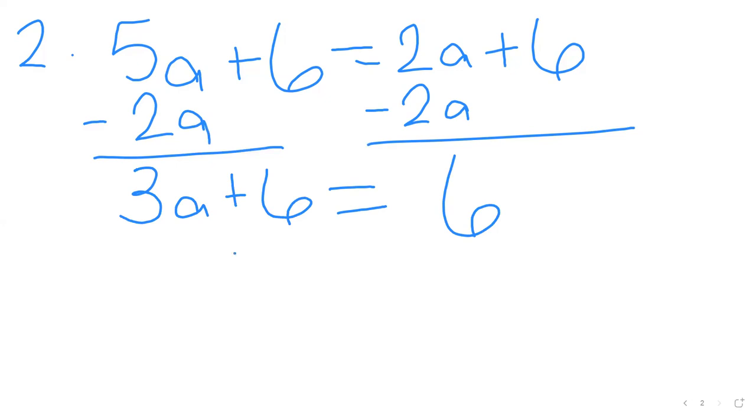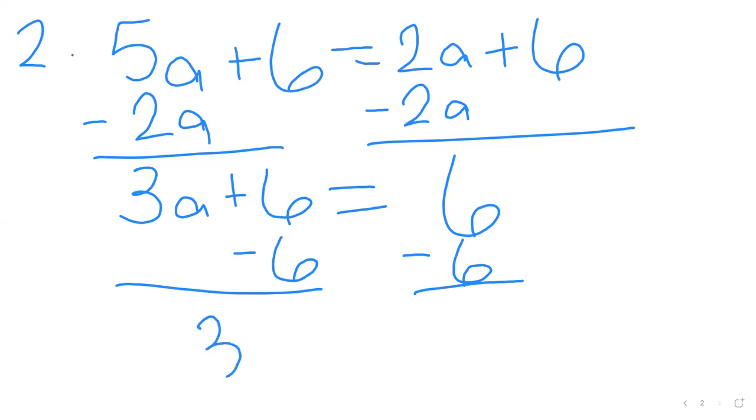Now we have some constants that need to come together. We'll do that by subtracting 6 on both sides. Effectively, the strategy there is to get rid of it on the left. It just so happens that when we do so, it also gets rid of it on the right, but we need something there to hold the place. We'll use a 0.